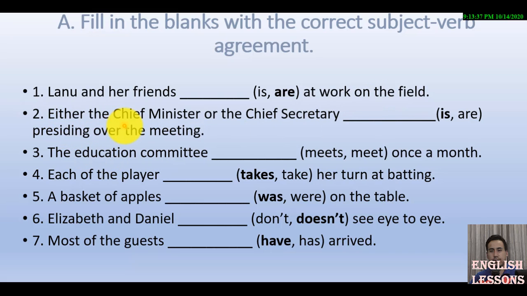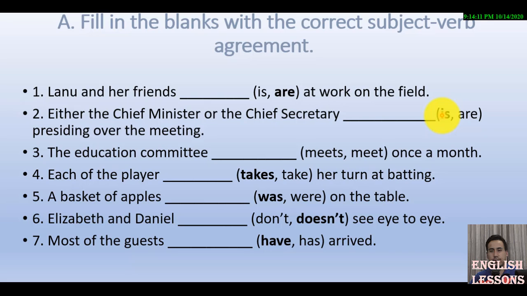Either the chief minister or the chief secretary dash presiding over the meeting. Looking at the second one, we have the chief minister and also the chief secretary. However, in instances like this, we have to use a singular verb.